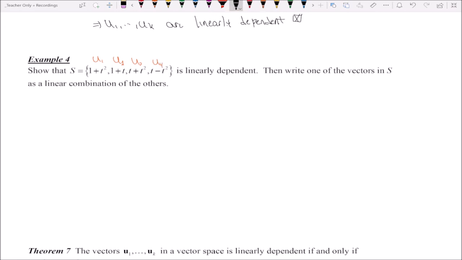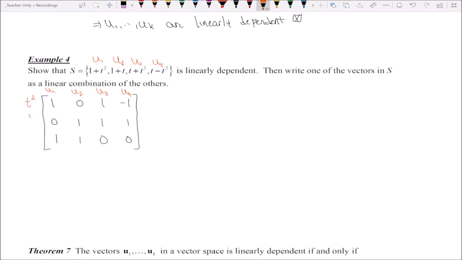We're going to have this matrix, right, where if you notice each column represents a vector and each row represents a coefficient.